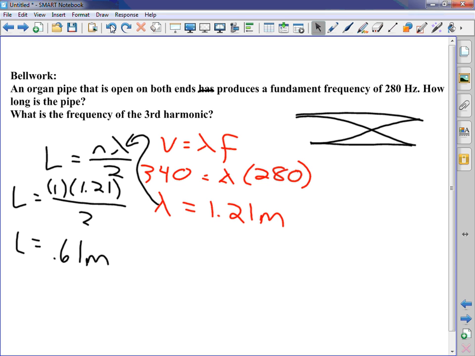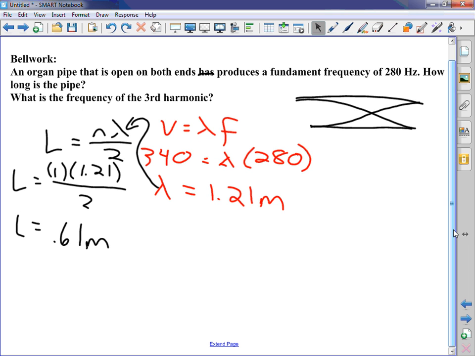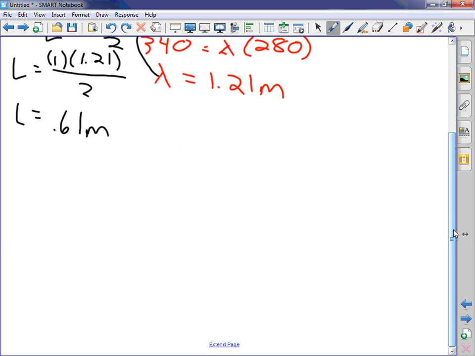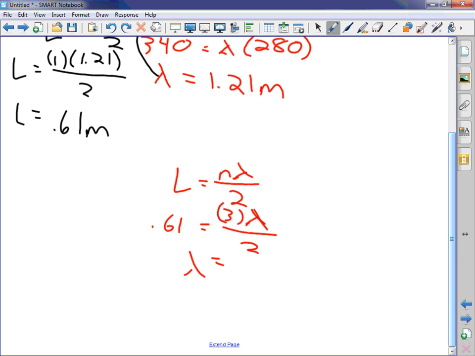Next, what's the frequency of the third harmonic? This is just working backwards through what we've already done, right? Start out with L equals n lambda over 2, so that's 0.61 equals the third harmonic, 3 times wavelength divided by 2. Lambda equals what, please? 0.404.